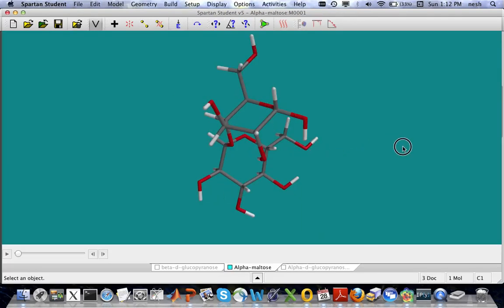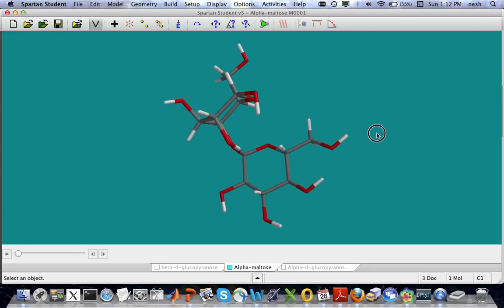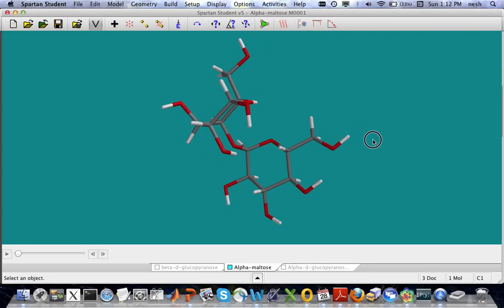So here we go, and I've already turned on the tube viewing, and once again we have to orient things, and so we can find the two glucose subunits of this disaccharide.